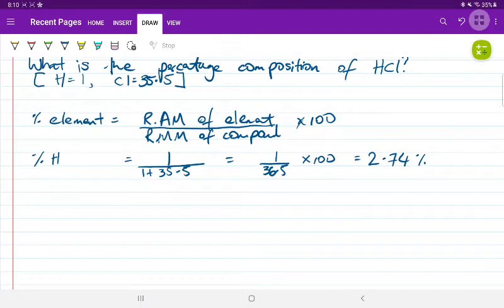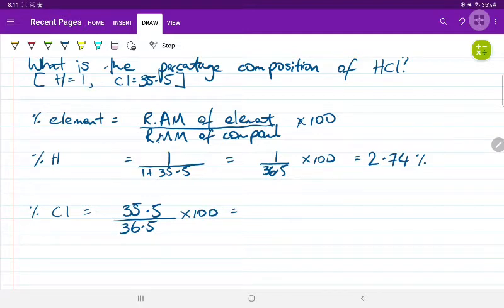Now, this is a simple example. There are only 2 elements in the compound. So to find the percent of chlorine, you can either go percent Cl, and then the relative atomic mass of Cl, 35.5, divided by 36.5, and we can get it that way.